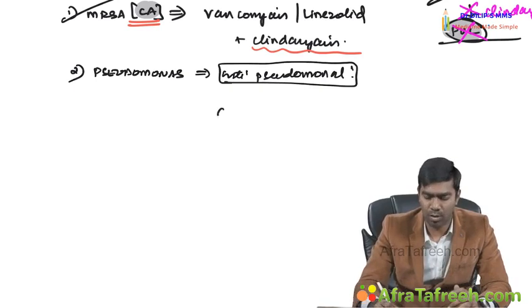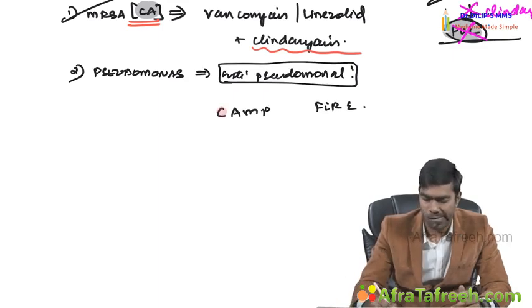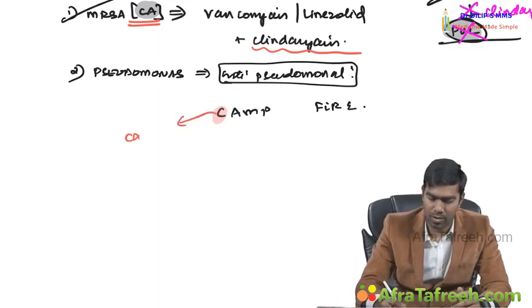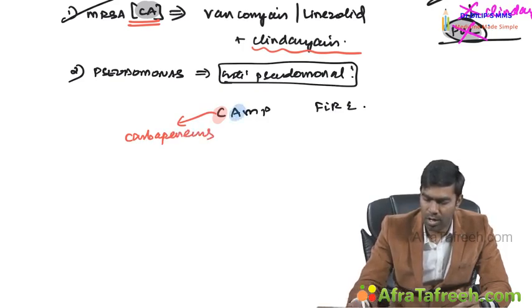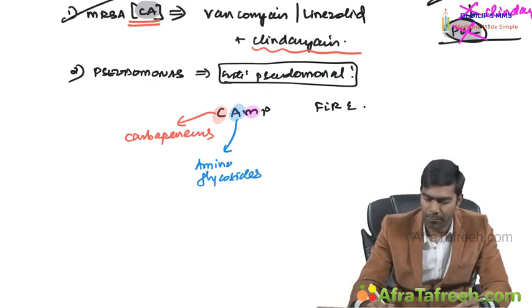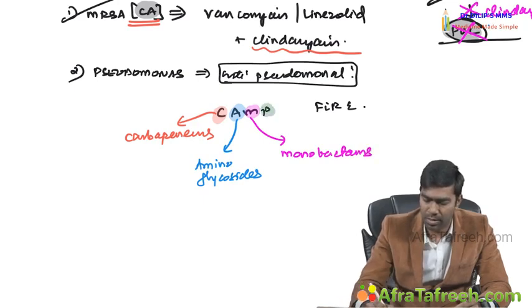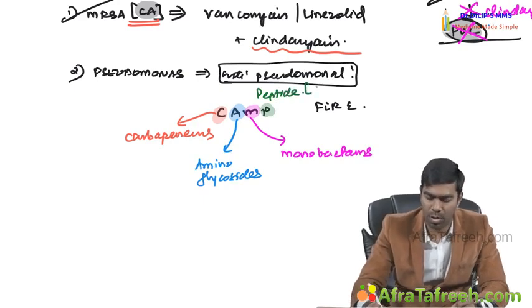If you want to know what the anti-pseudomonal drugs are, we generally give a mnemonic called CAMPFIRE, where C stands for carbapenems, A stands for aminoglycosides, M stands for monobactams, P stands for polypeptide antibiotics like colistin and polymyxin B.